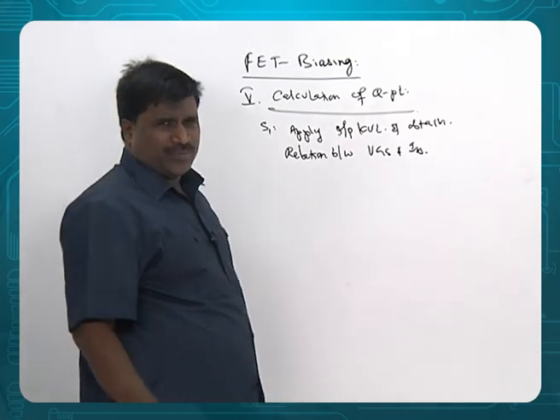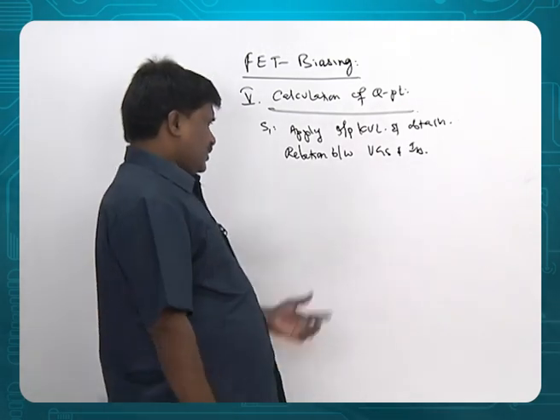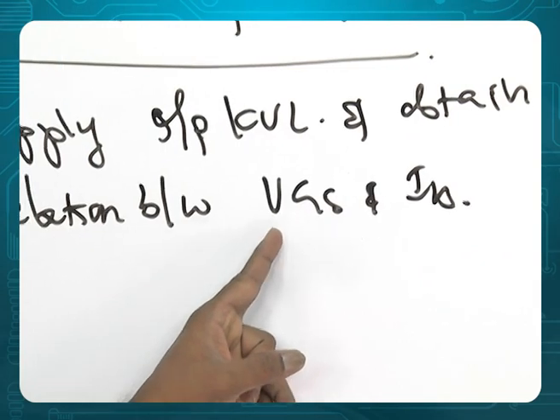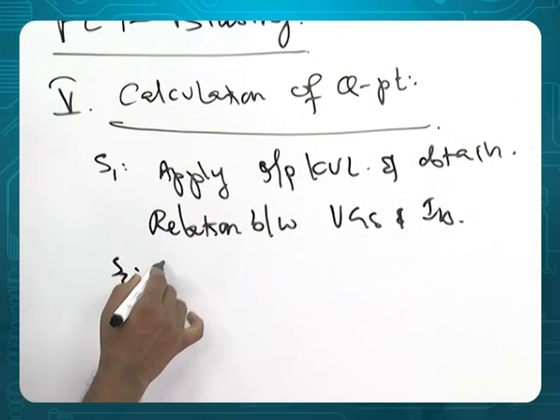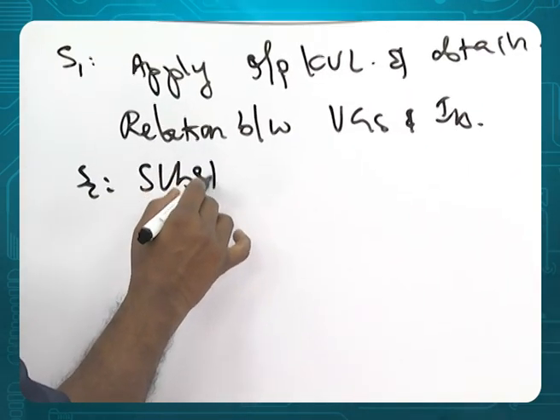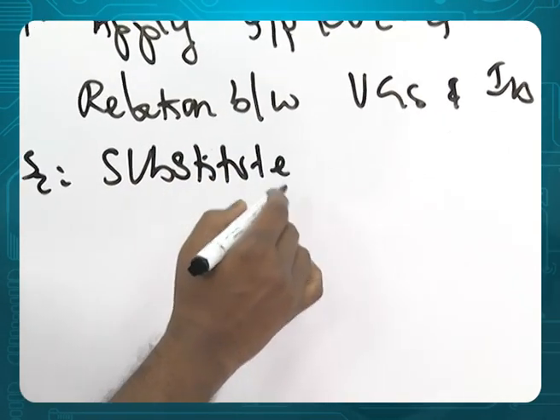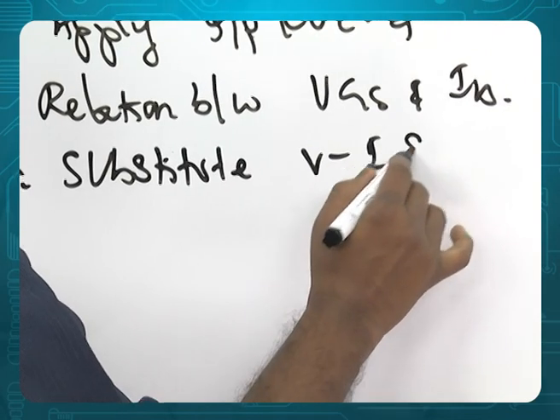So when you apply input KVL, you will get an equation between VGS and ID. Then substitute in this equation the VI equation.